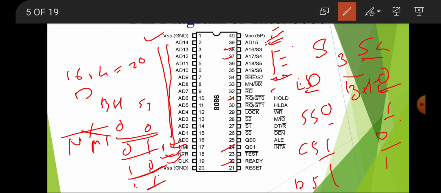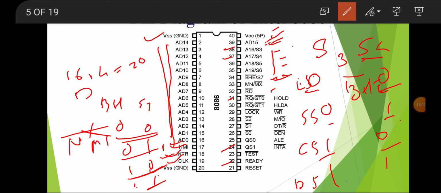Now RESET. If you want to reset all the settings, that is very simple. Whatever pin modes you have set, if you want to reset them, you can use this RESET. You can see most processors have a small button; if you press it, the processor will get reset.